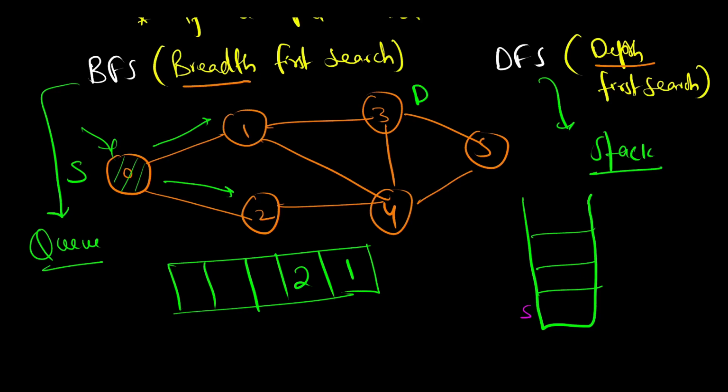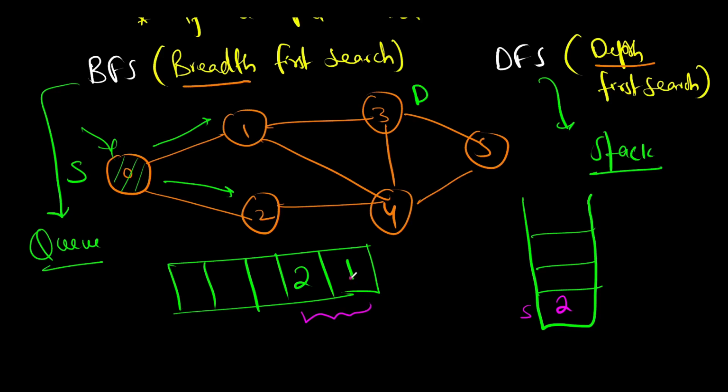And once you pop this out, find another vertex that is attached to this, either 1 or 2. We can take any one of them. Suppose I am taking 1, so only 1 will come here, not 2, as in the case of this, right? And once we pop this out, we'll move to another vertex, that is second, and that's how it goes, right?